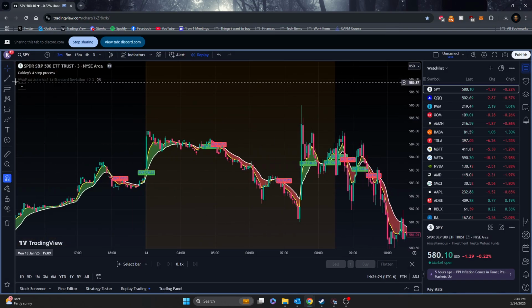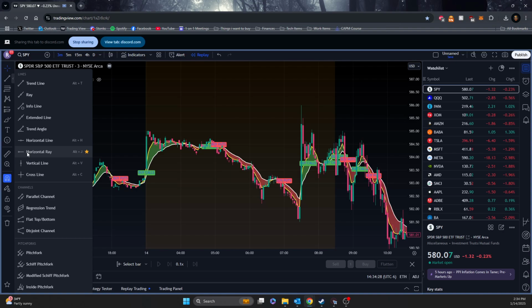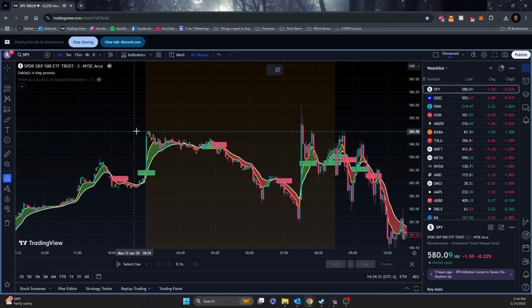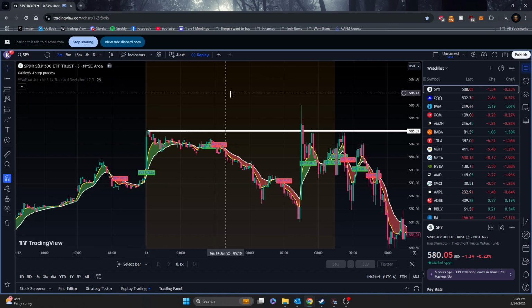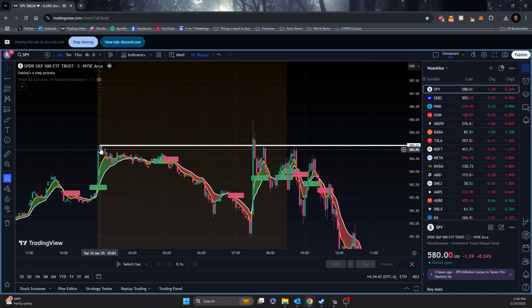The way that I find my daily levels there, Smitty, is I grab a horizontal ray and I will do my best to try to find some type of pattern. Obviously, pre-market opened right here, right? So it went up, tested that level, and kind of trickled down throughout the day.